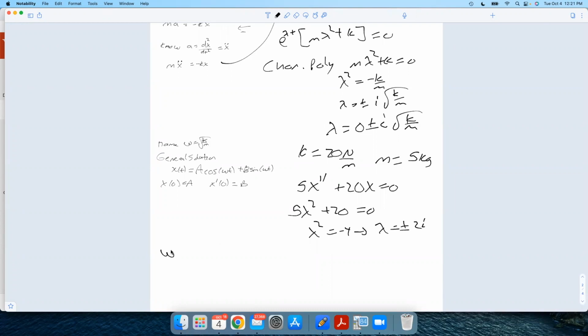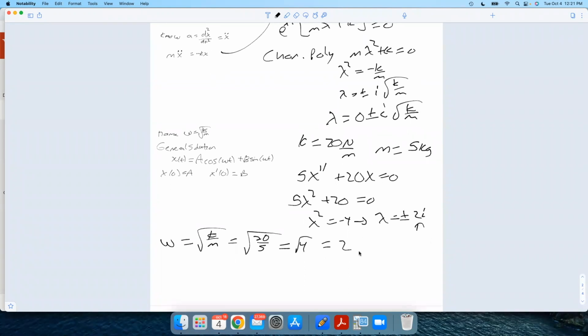So omega here, which is square root of k over m, we're going to get the same thing here, square root of 20 over 5, square root of 4, 2. See, there's omega right there. And let's do this as an IVP.